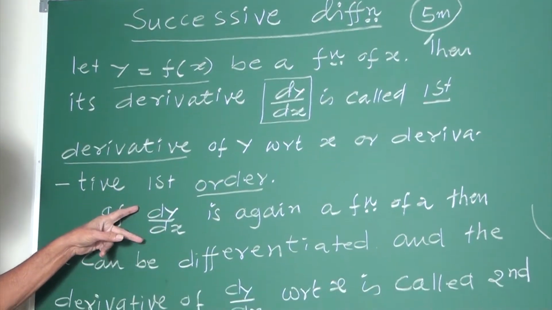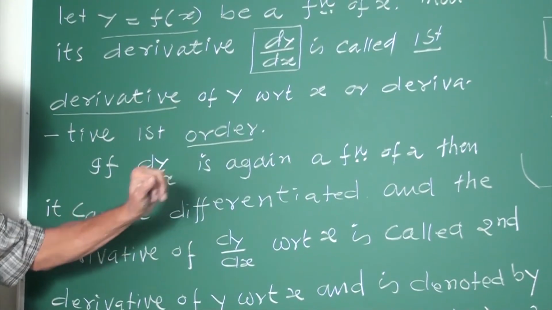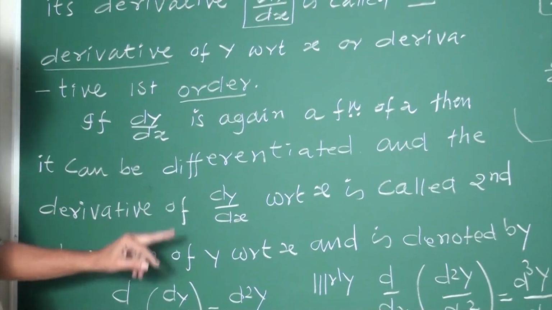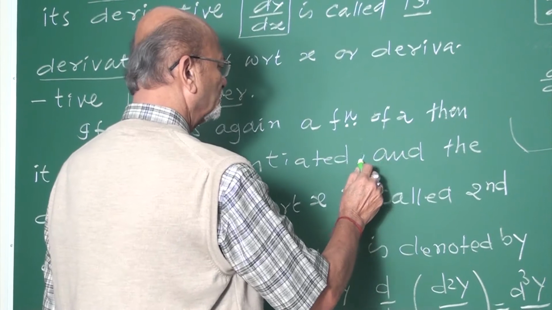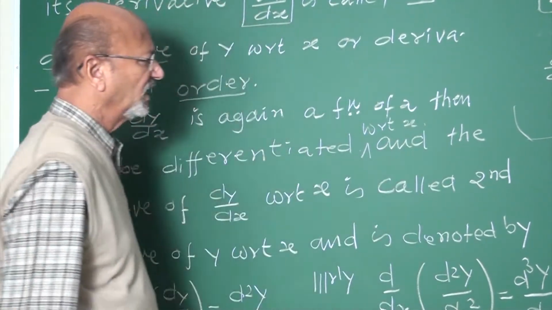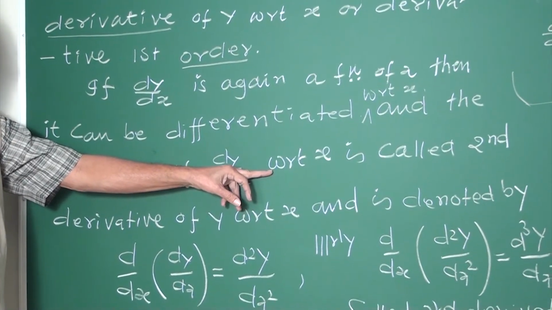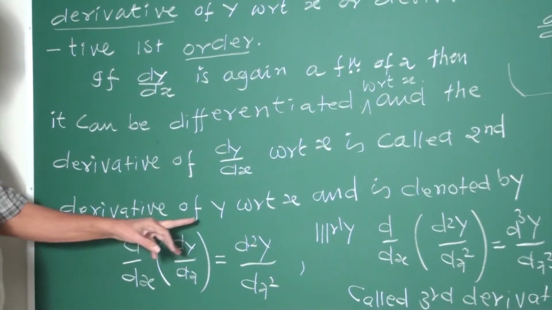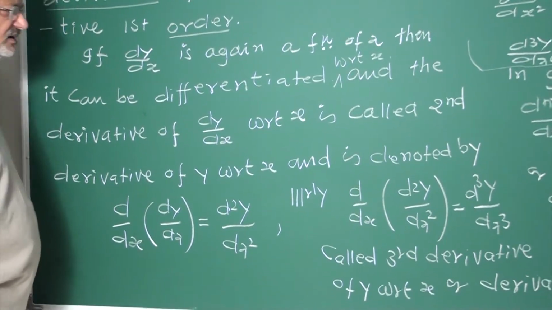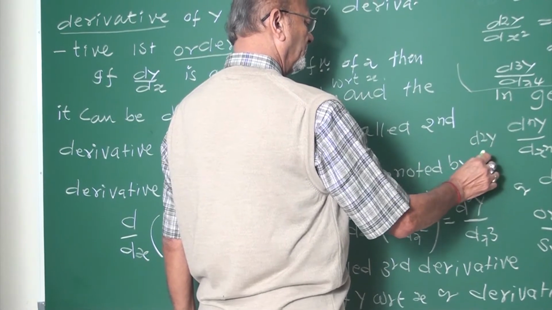Therefore, once again, if dy by dx is again a function of x, then it can be differentiated with respect to x. The derivative of dy by dx with respect to x is called the second derivative of y with respect to x, and is denoted by d2y by dx2.